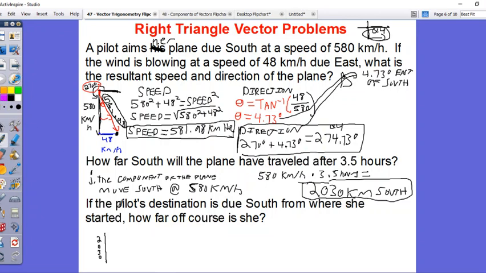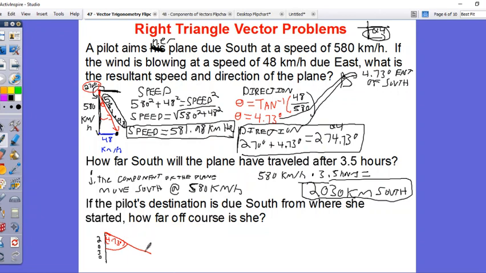We still have our angle. I'm just drawing it bigger so I can write it down at 4.73. So our angle here of 4.73 degrees, not to scale. And this is after 3.5 hours.